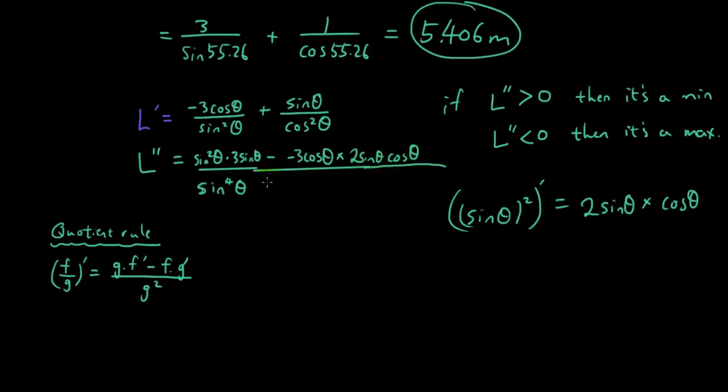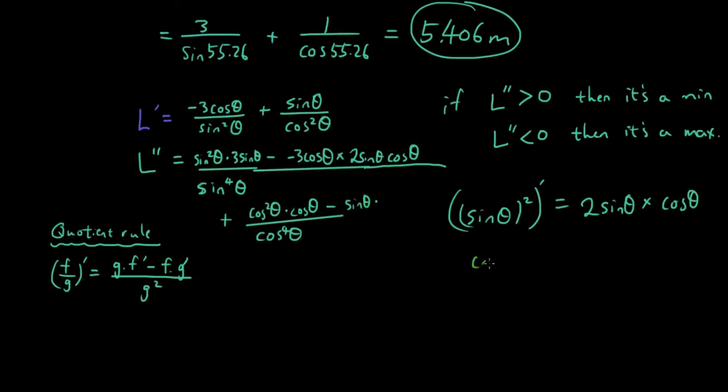Okay, that is the left hand side fraction, and the right hand side fraction is just plus. Again, cos theta to the power of 4 on the bottom, and on the top I have f times g times f dash, so cos squared theta times f dash, so sine differentiates into cos, minus f, so sine theta times g dash.